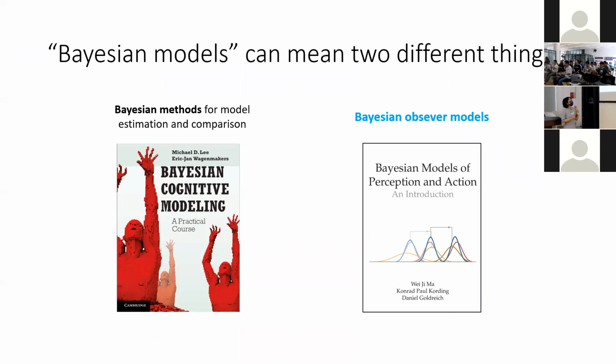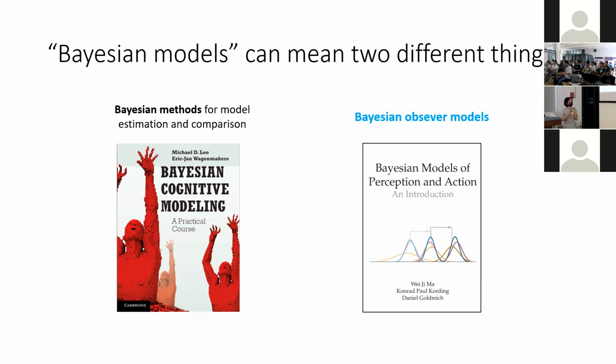So as you probably know, Bayesian models can mean two very different things. Here are two great textbooks. The left one is one of my favorite Bayesian modeling books. It's about how you build, fit, and compare models in Bayesian statistics.